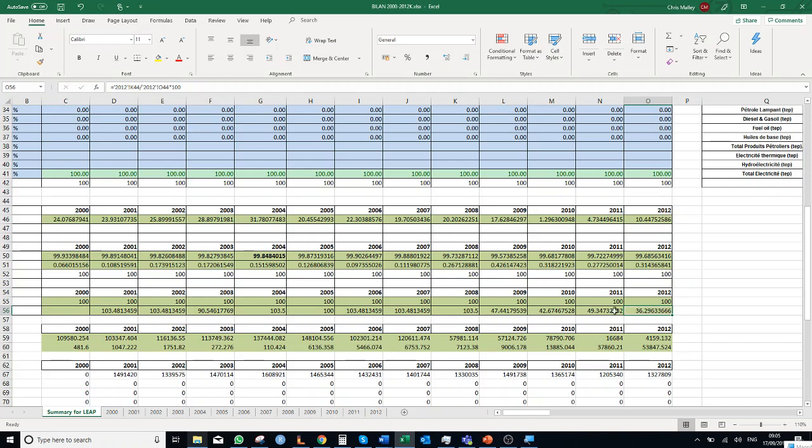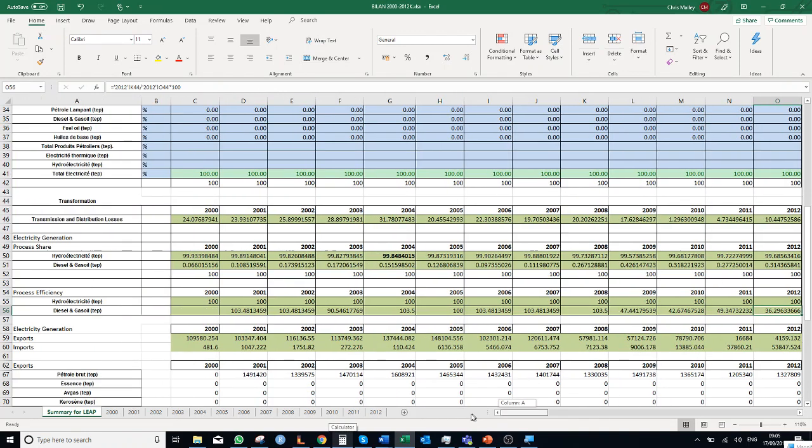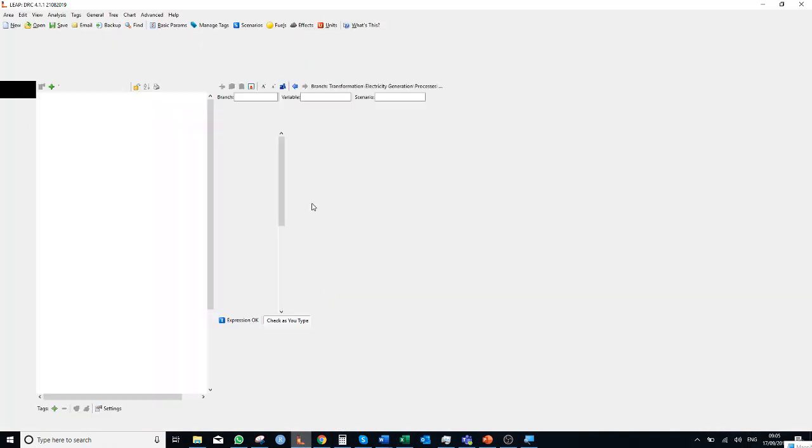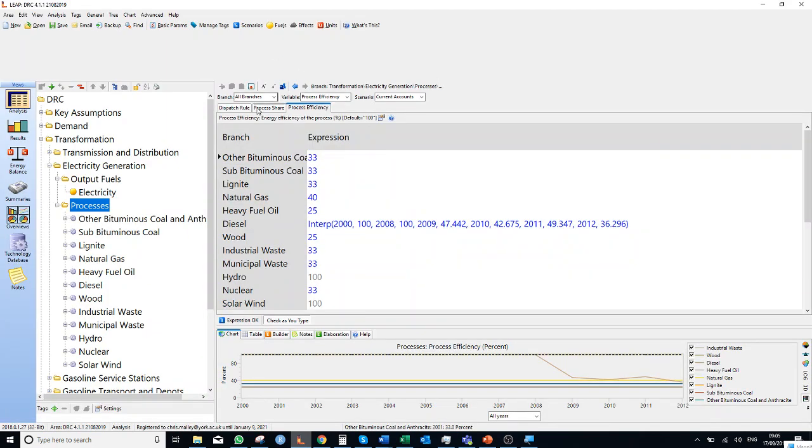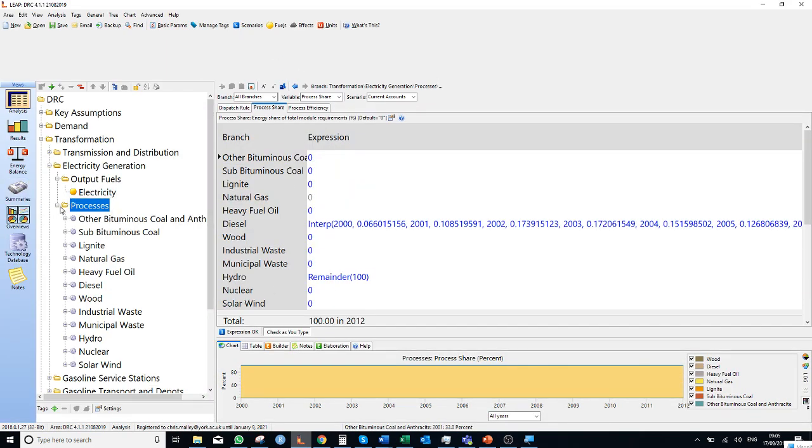And these values of 36% seem to me to be more reasonable. So I've then entered the process efficiency into LEAP and the percent share to these values.